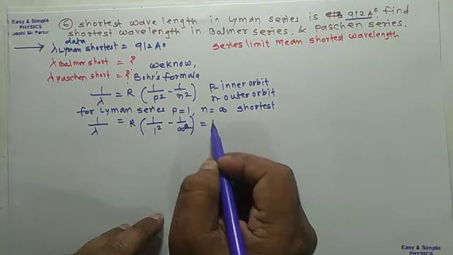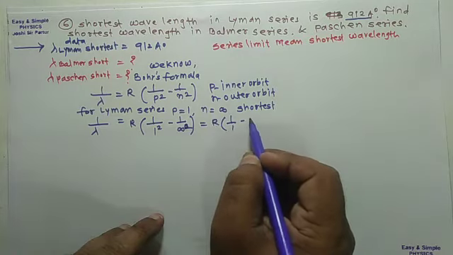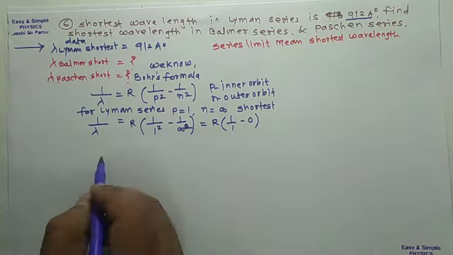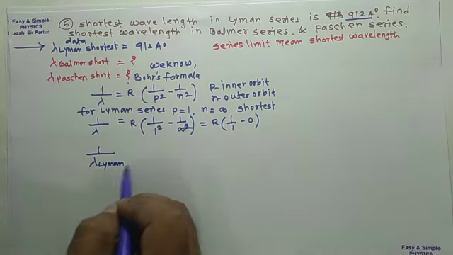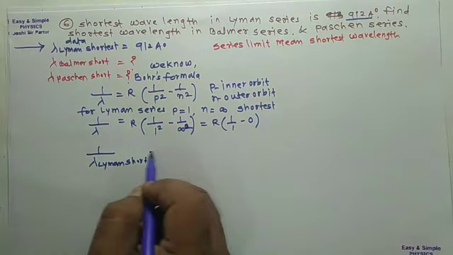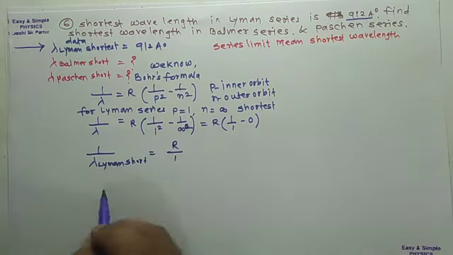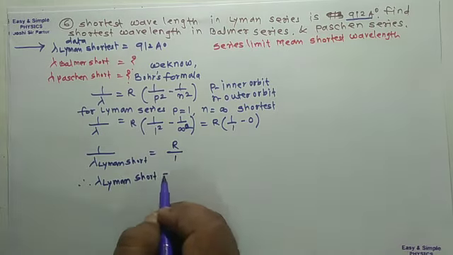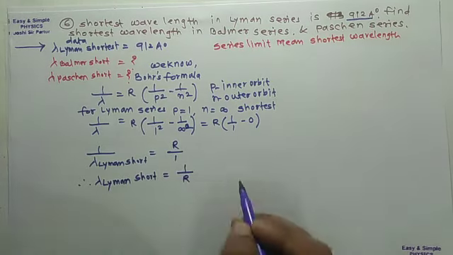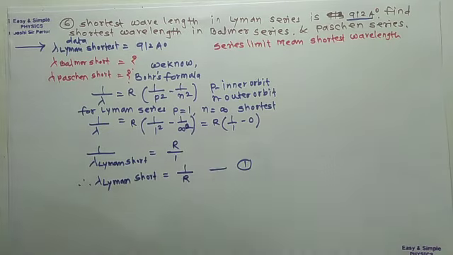So it can be written as R in bracket 1 upon 1 minus 0. So 1 upon lambda Lyman shortest is equal to R upon 1. Therefore, lambda Lyman shortest is equal to 1 upon R. Suppose equation number 1.